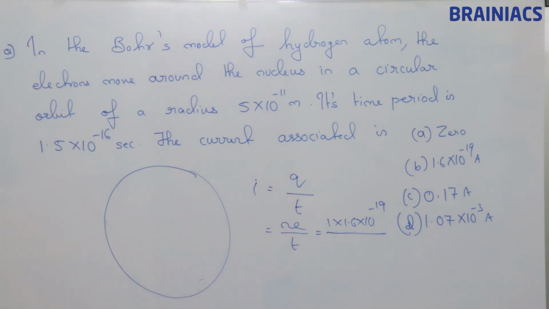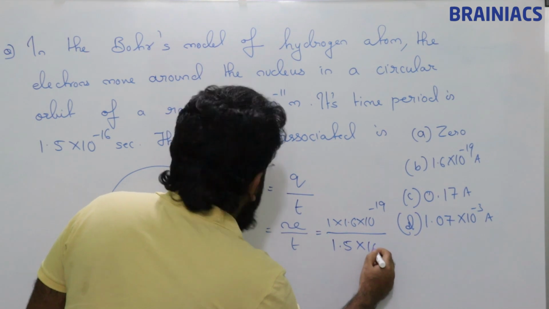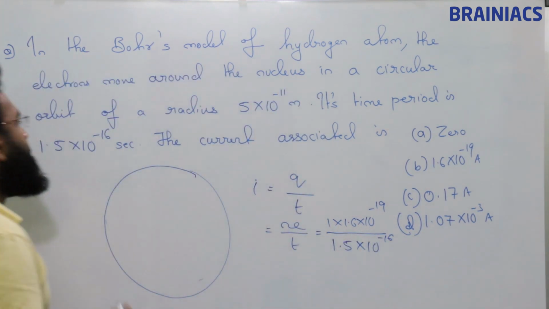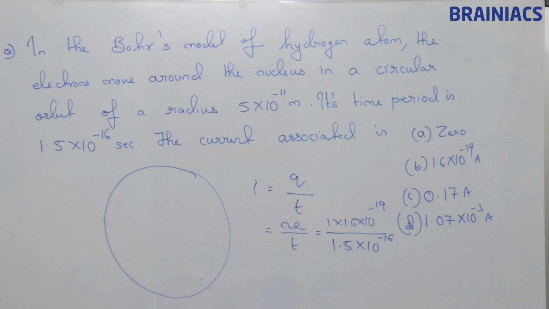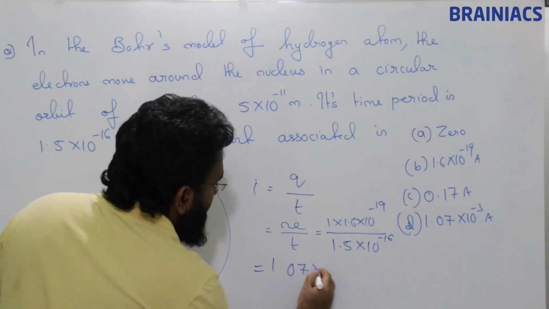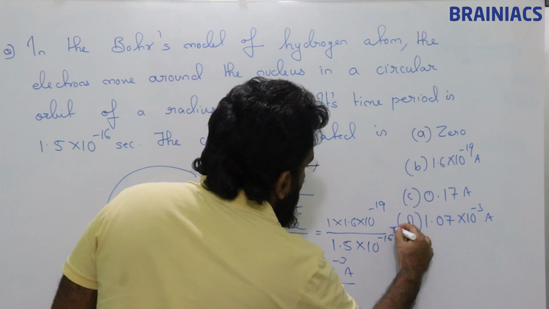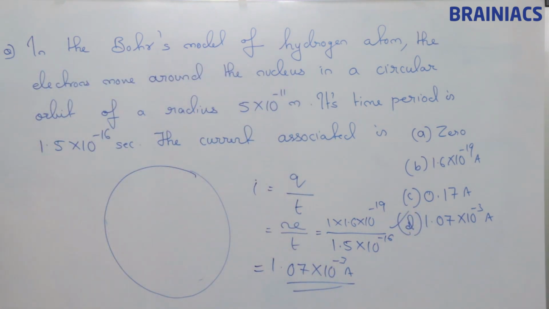We need to put the time period, which is 1.5 into 10 raised to minus 16. So time period is also given. By solving this we will be getting 1.07 into 10 raised to minus 3 ampere. Option D is the answer.